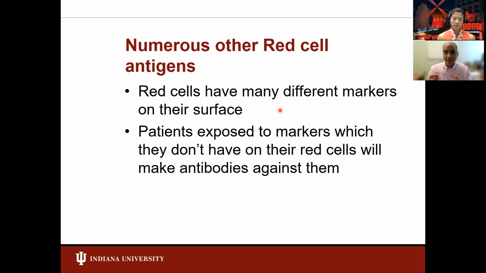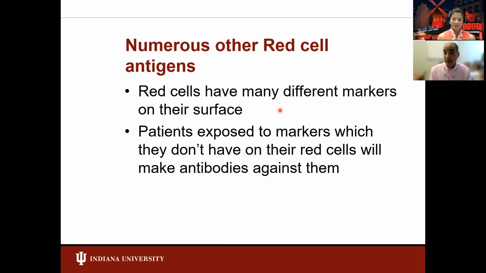They have lots of different names, and depending on the person, you may have some of these or you may not. And the more transfusions you get, the more likely you may start making antibodies against these other antigens. That increases risk.